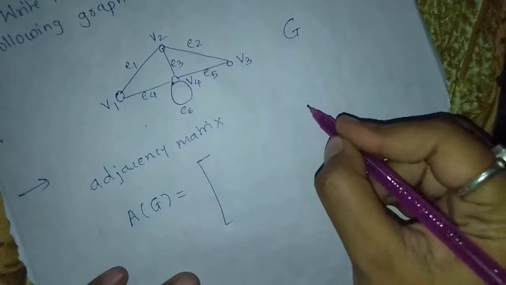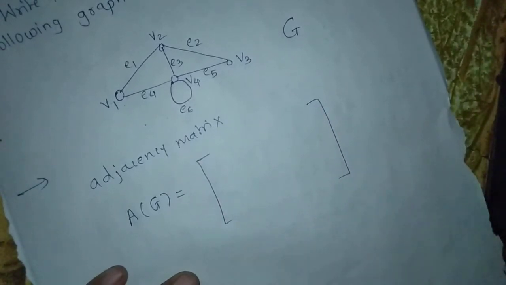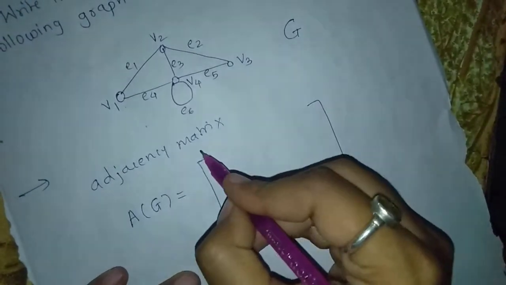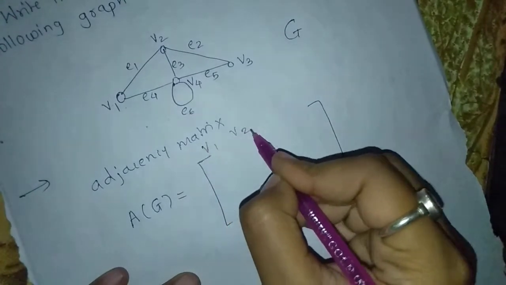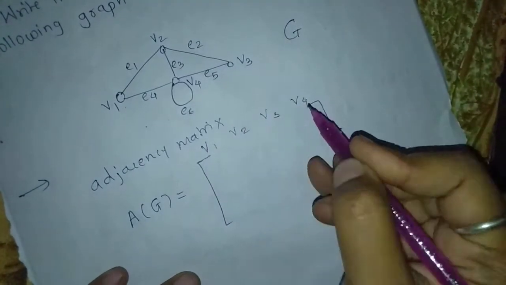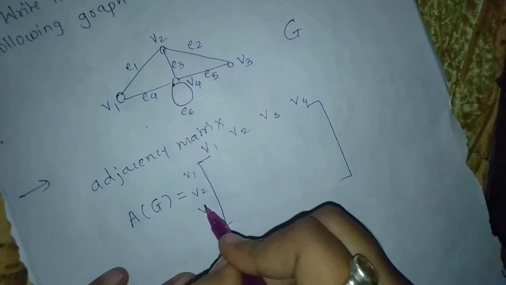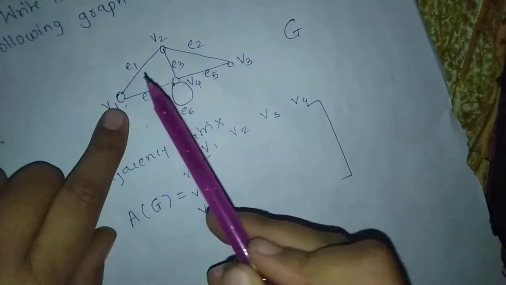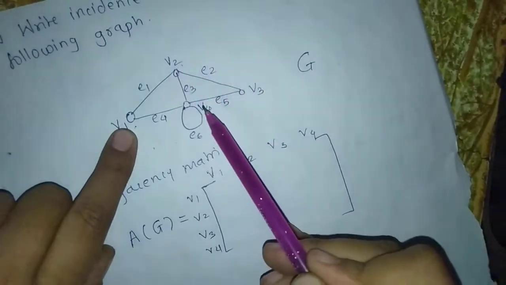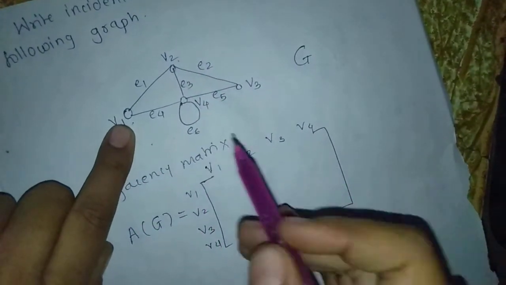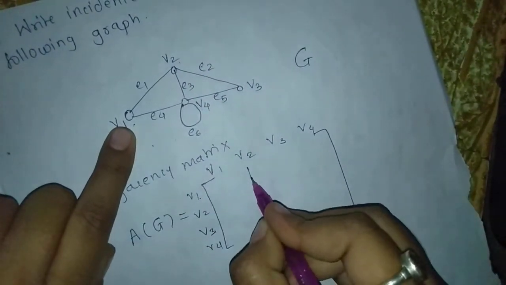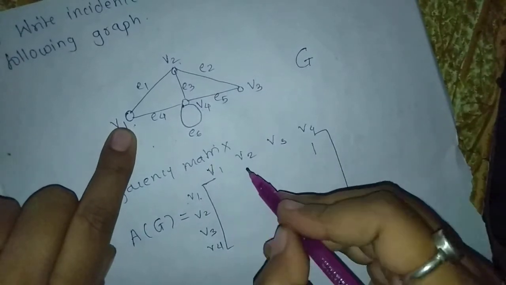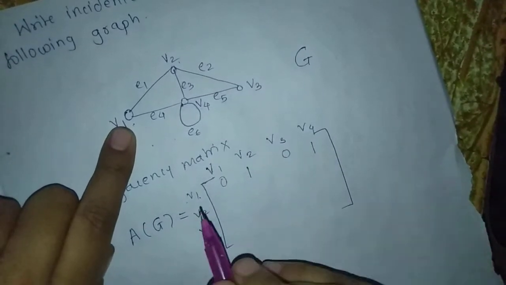So first write down the vertices column-wise and row-wise: first row-wise V1, V2, V3, V4, next V1, V2, V3, V4. The first vertex V1 is adjacent to V2 and V4. So for V2, V4 put 1, other entries become 0.